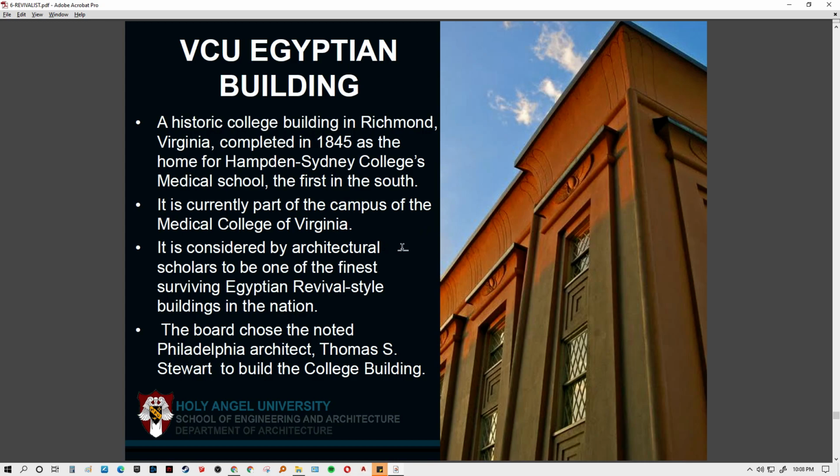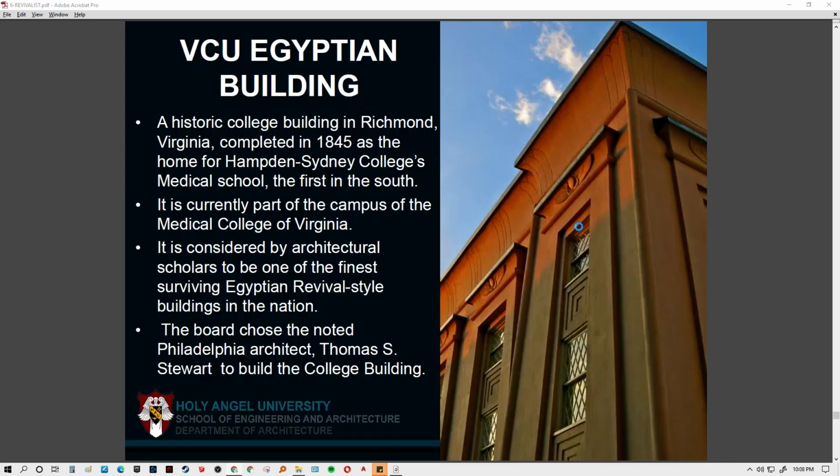It was constructed by Thomas Stewart, a Philadelphian architect.